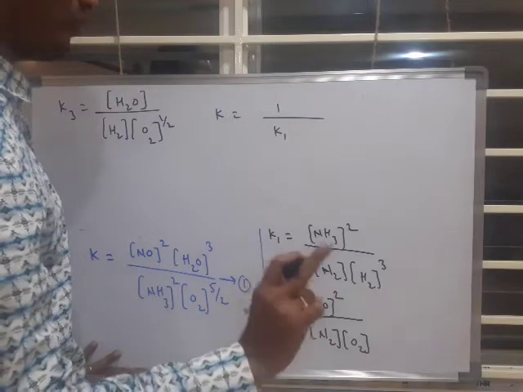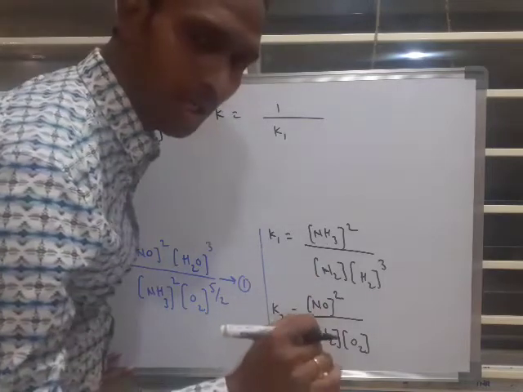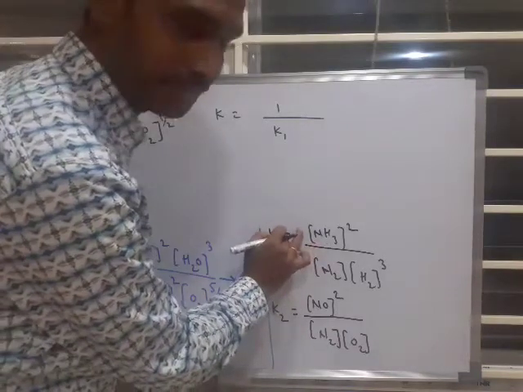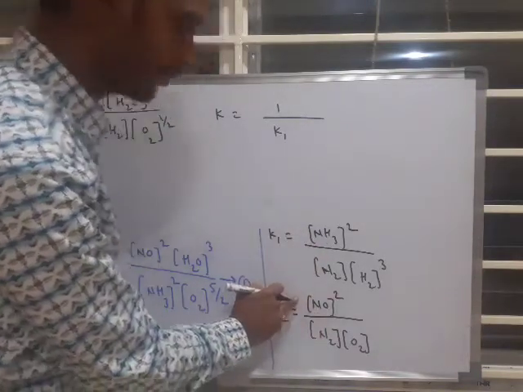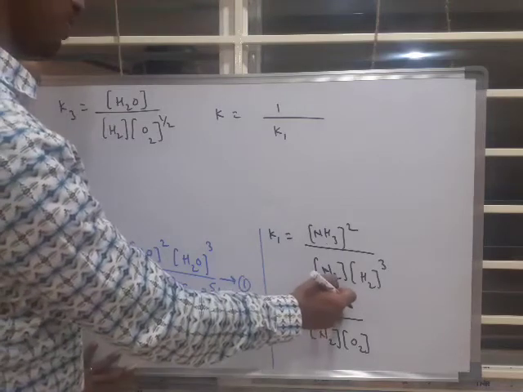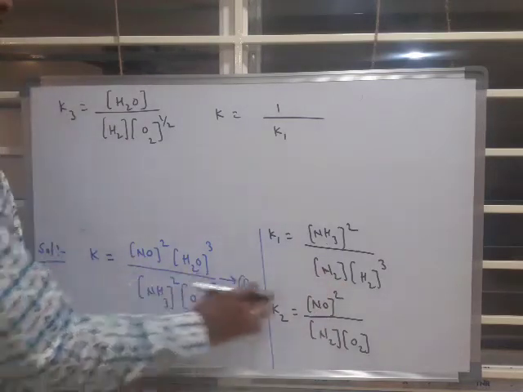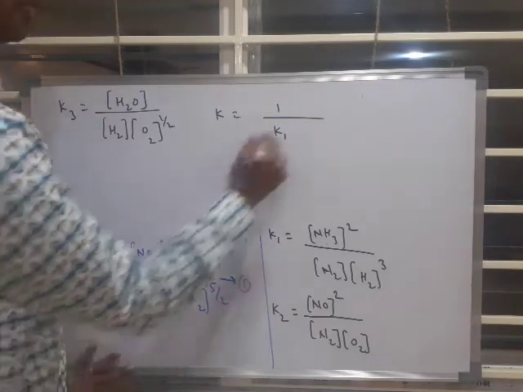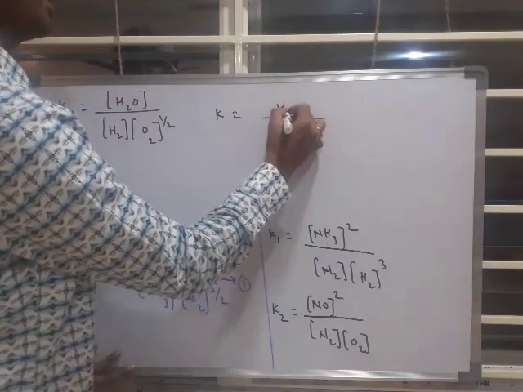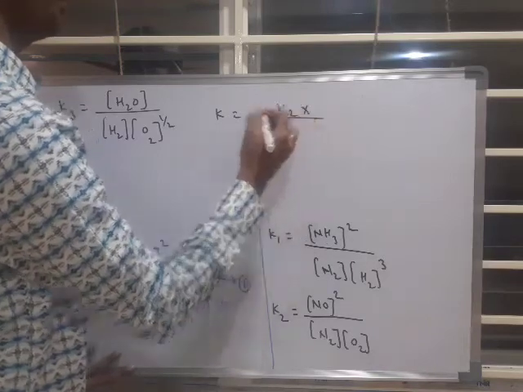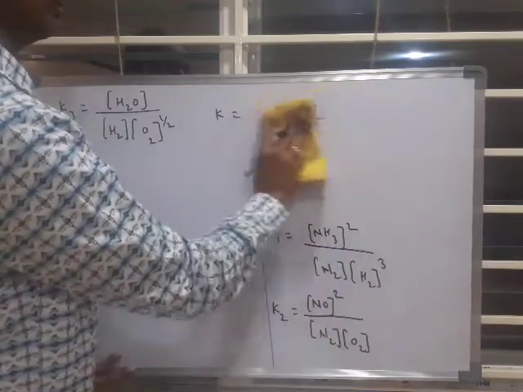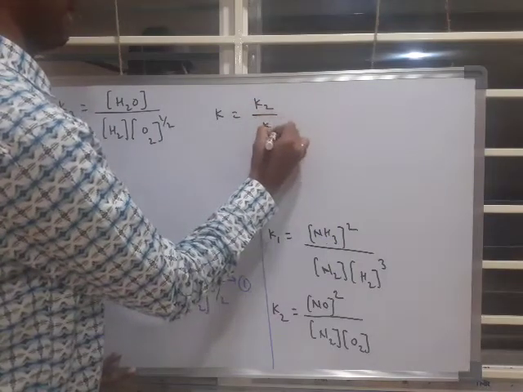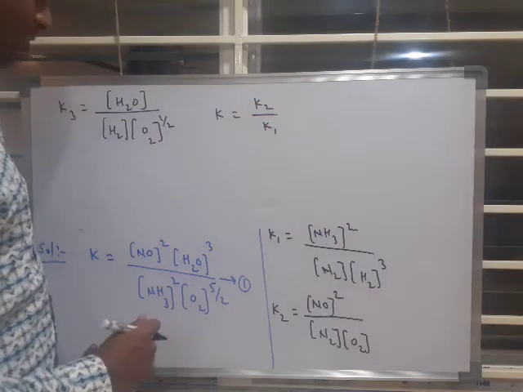We are just observing one of the species, since we cannot compare every species. First we compare NH3 in K1, and NO in K2. NO is in the numerator with a square in the given information, and in my question also NO is in the numerator with power square. So directly that is K2. So K2 by K1.